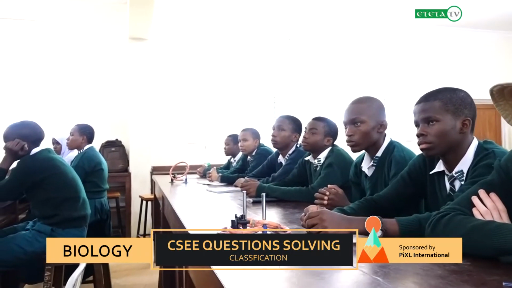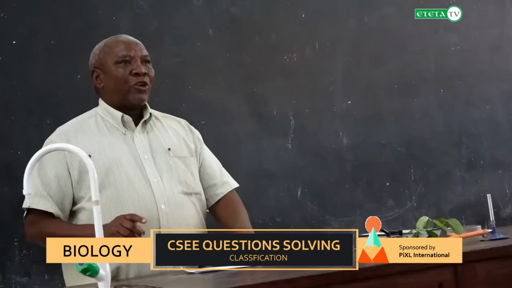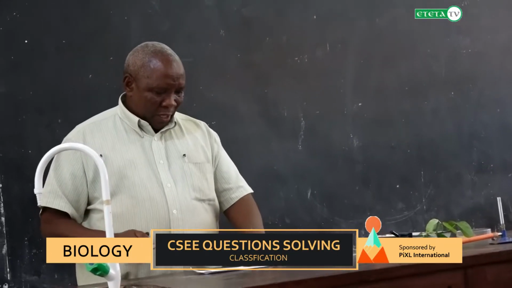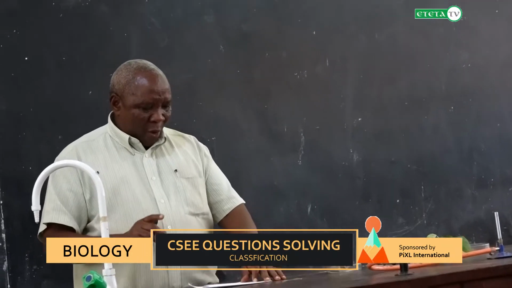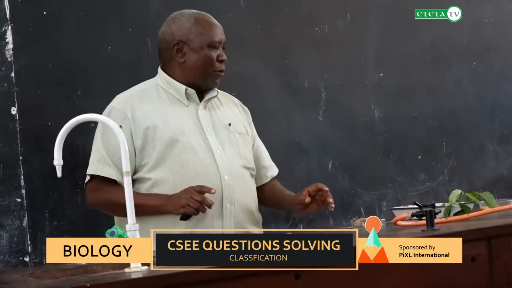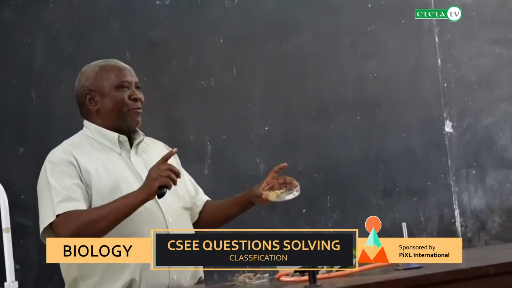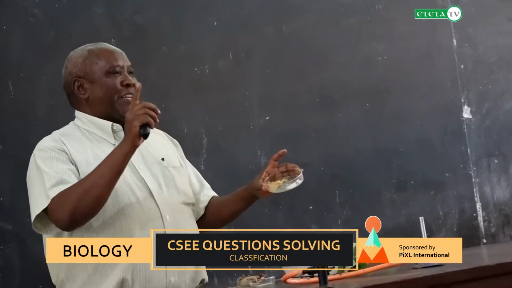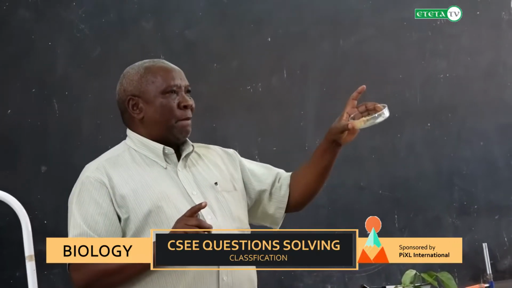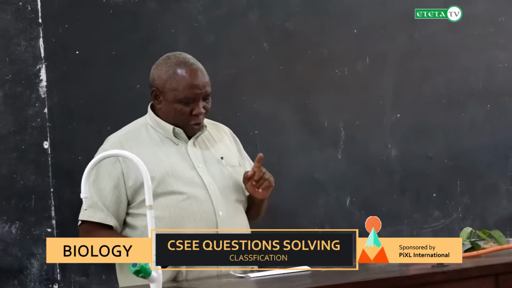Right? That is Roman 2, part A. Part B. Draw a well-labeled diagram of the specimen P. That is part B.